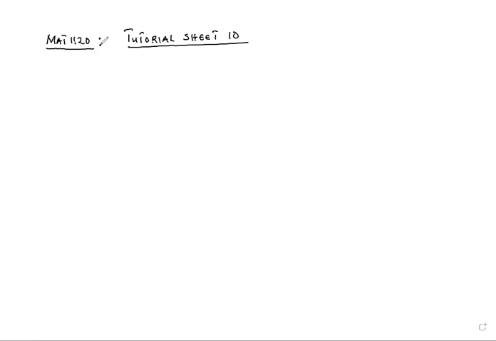Okay. To sheet 10, question 1. Consider the vectors u is equal to (-1, 5), v is equal to (2.7, 3.8), w is equal to (4.2, -6).